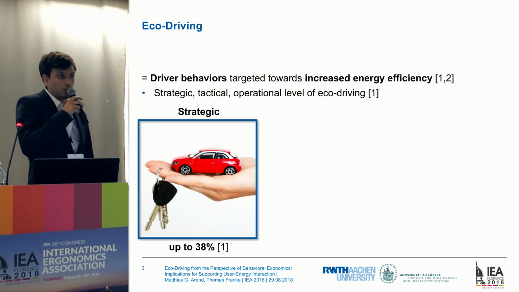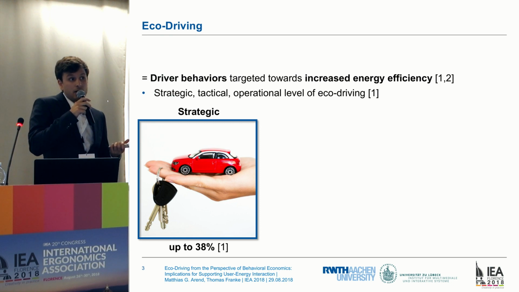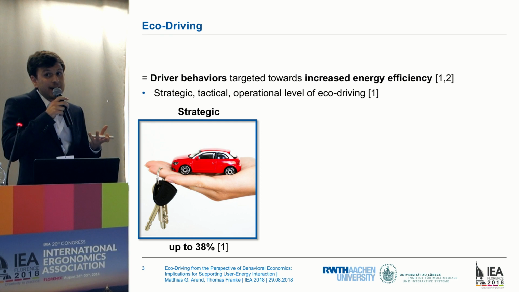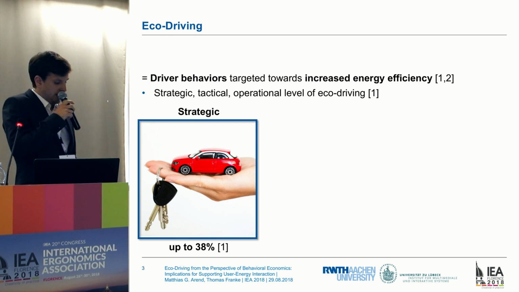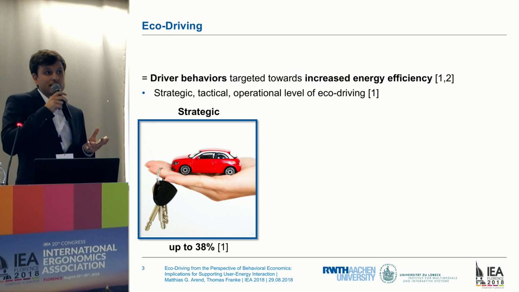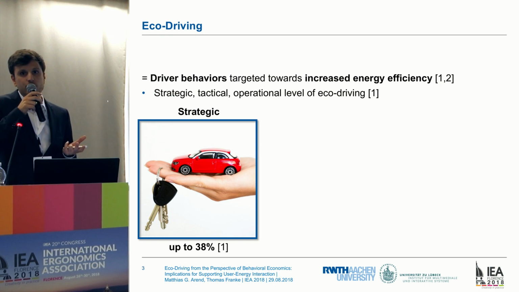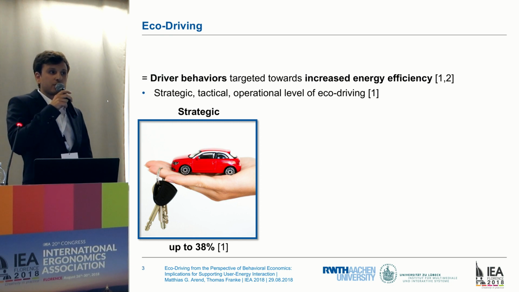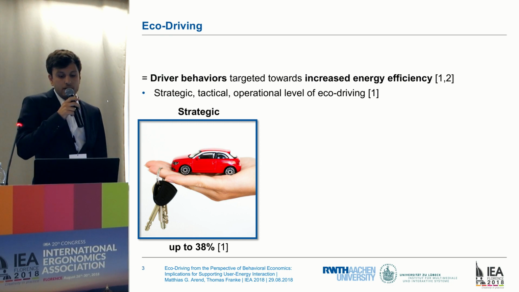On the strategic level, we have things like purchasing a new car. I have a purchase decision, and I can decide to choose a more energy efficient vehicle. Shivak and Shepley have estimated that if a driver purchases a normal vehicle compared to a pickup truck, he or she could save about 38% in energy and fuel.